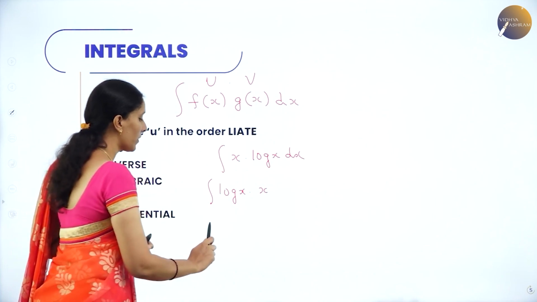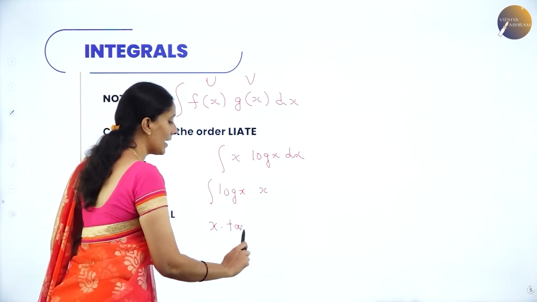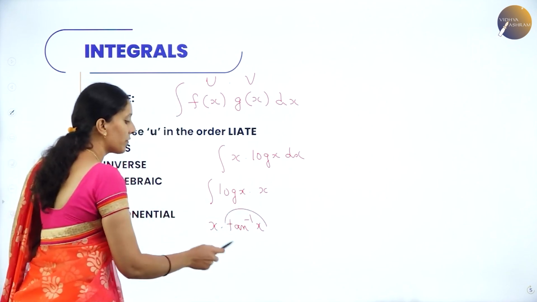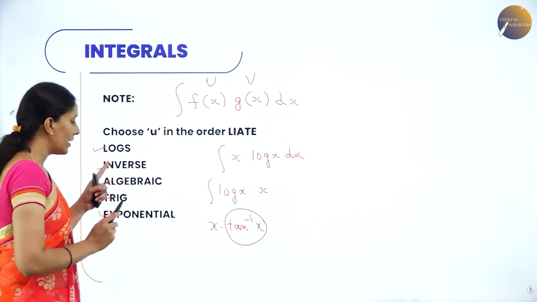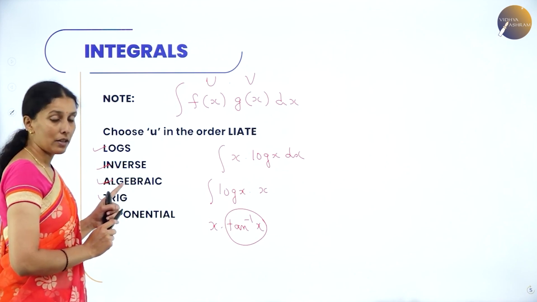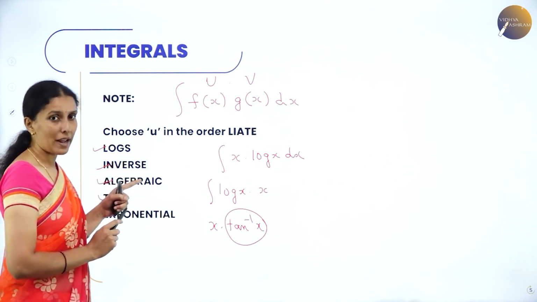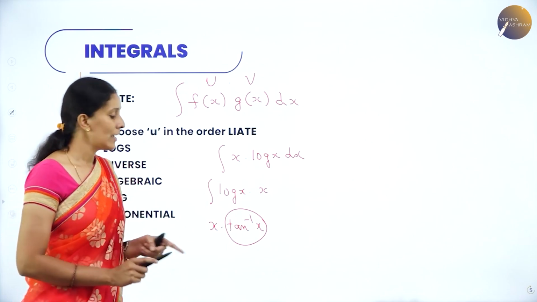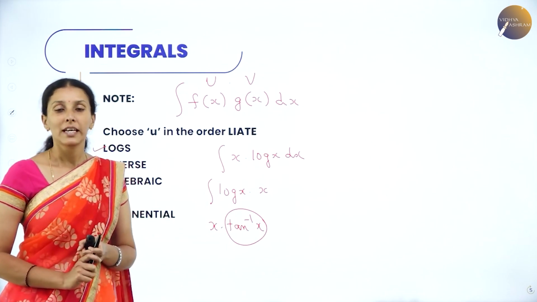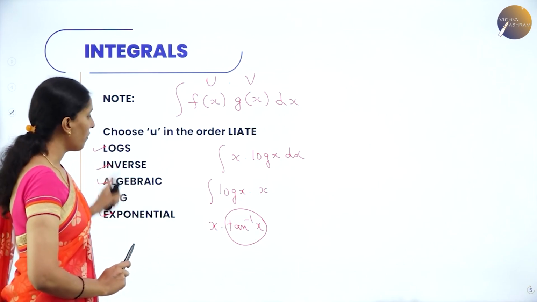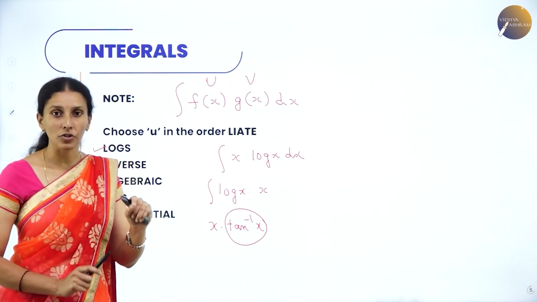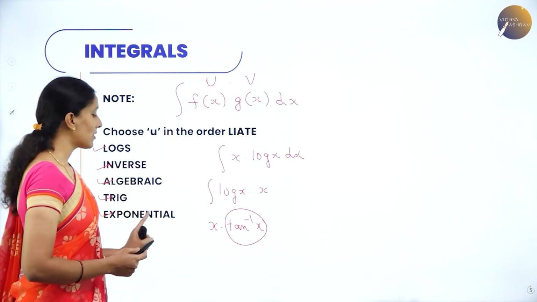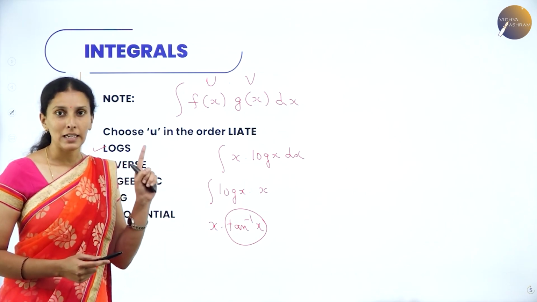Suppose you have x tan inverse x. You have to give preference to the tan inverse function, because inverse comes before algebraic. So the first function has to be tan inverse, and next you choose x. This is how you choose the first function before applying integration by parts, and finally the exponential can be taken later.